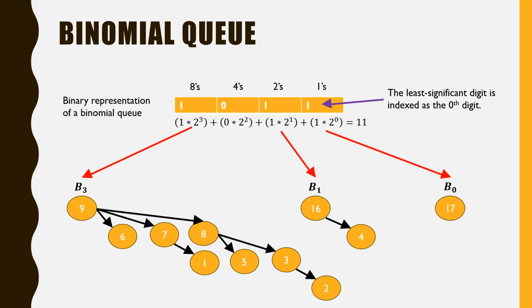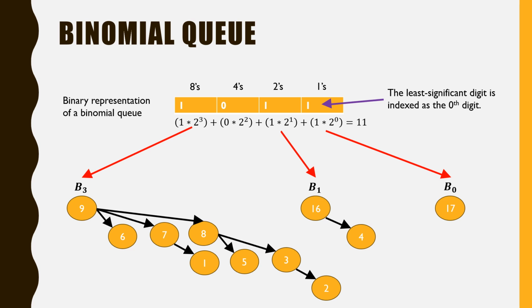Note that we refer to the least significant digit in the binary representation as the 0th digit. For example, the binomial queue shown here contains three binomial trees, B0, B1, and B3, corresponding to the binary representation 1011.